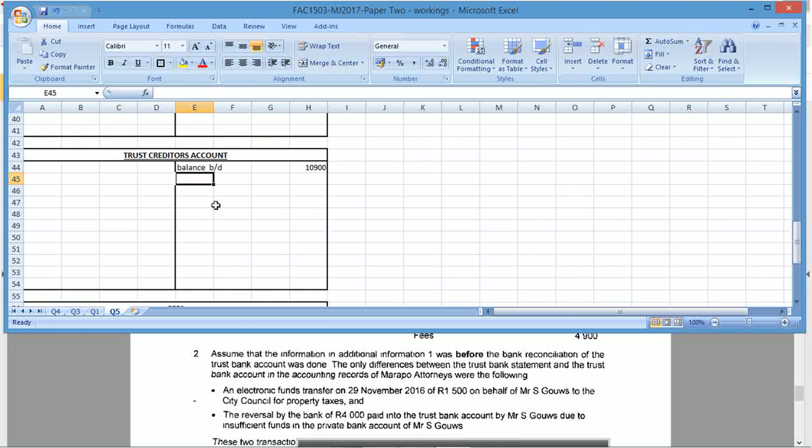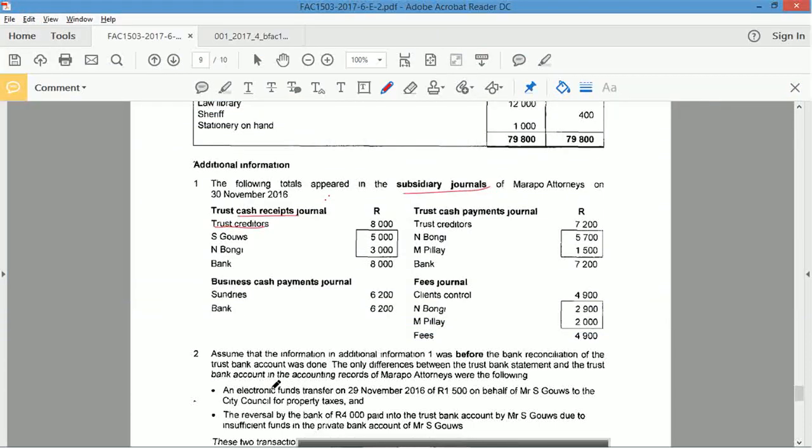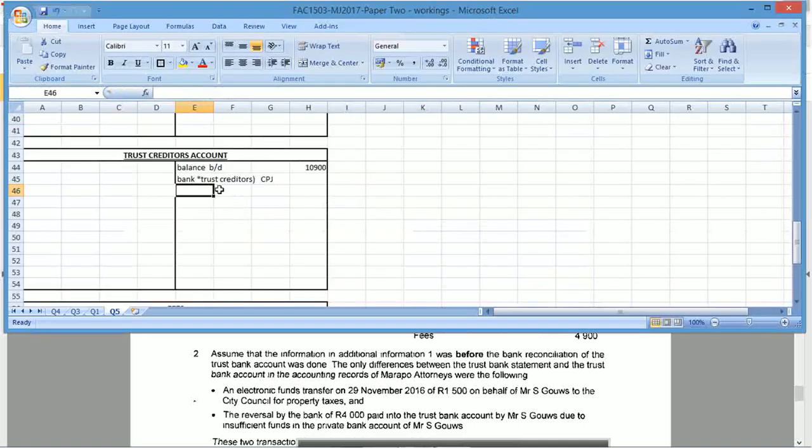Okay, so bank, CRJ, because, hold on. Oh, cash receipts. Yes, sorry, you're right.